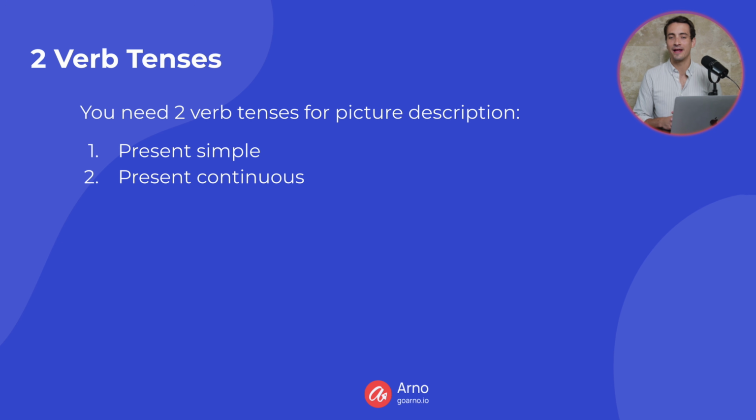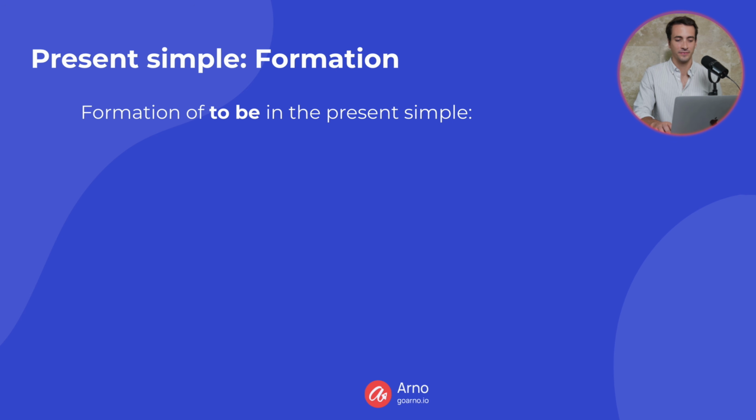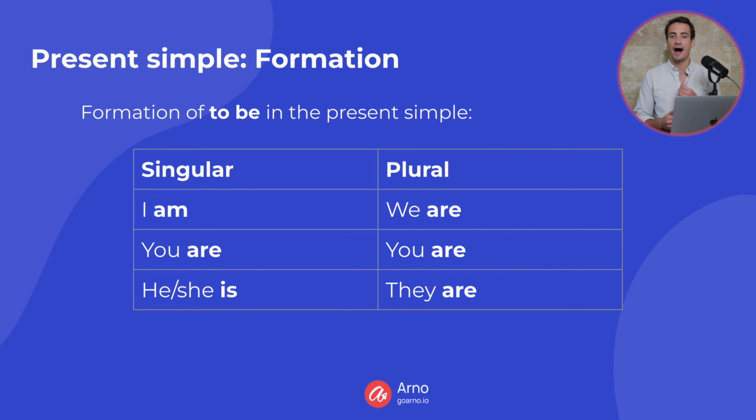Let's look now at how you conjugate verbs in the present simple. We will use the very common verb to be. So to be in the present simple looks like this. I am. You are. He or she is. We are. You are. And they are.